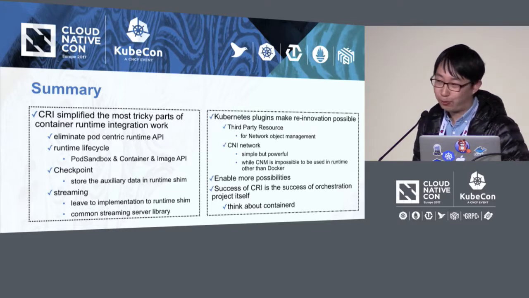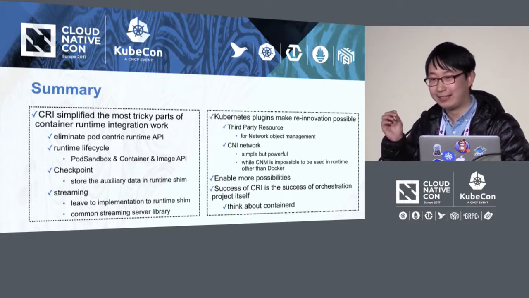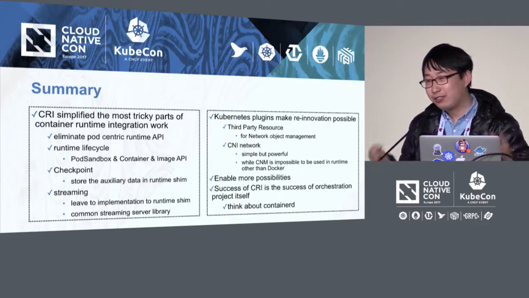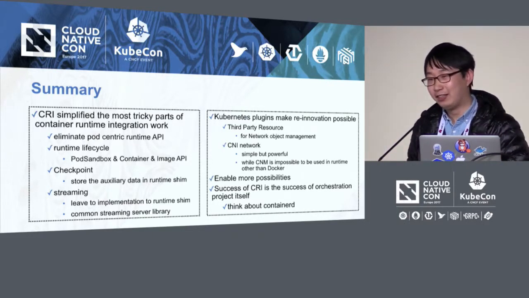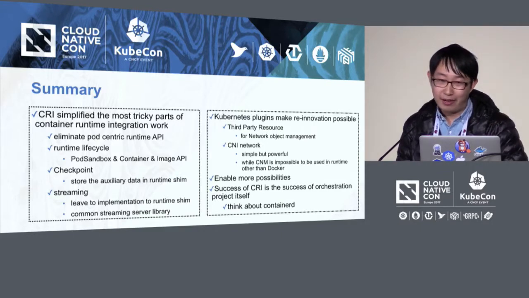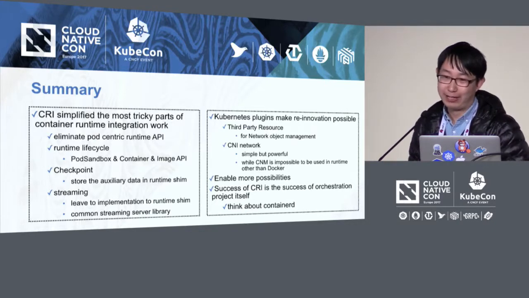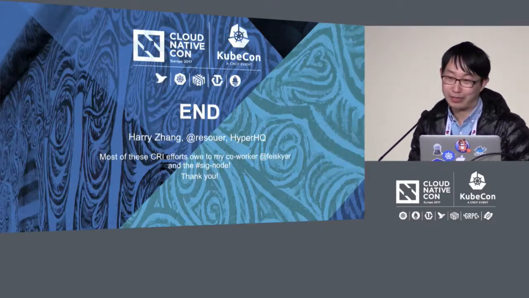That is also why I think the success of the Container Runtime Interface is the success of the orchestration project itself. Users of Kubernetes should never care about the details of runtime stuff. That's why I think Docker donated containerd to the CNCF, because it also realized that fact. Users should never care about the runtime things. Thank you for coming, and this is the end of my talk.